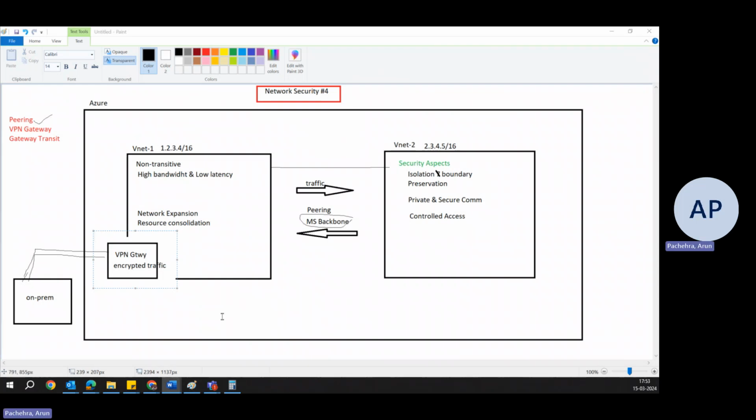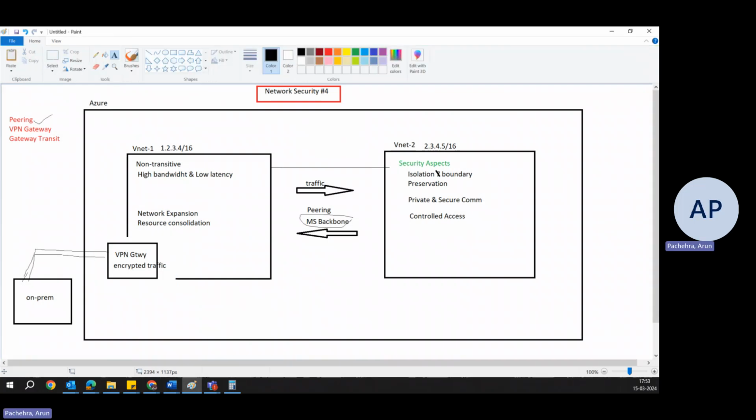So again, just for the sake of understanding, what is VPN gateway? Well, a VPN gateway facilitates the creation of a secure and encrypted connection known as a VPN tunnel between two networks over the internet. It uses standard VPN protocols like IKEv2 or SSTP to ensure the CIA.